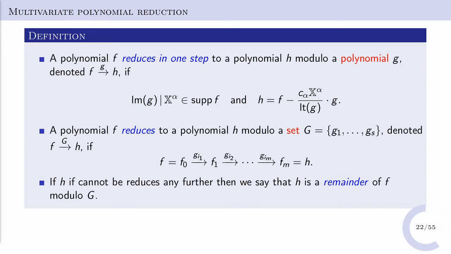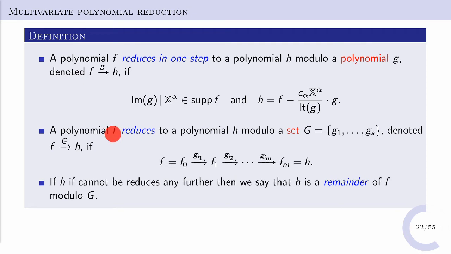And so when we divide, we have f minus, now we reduce this term here. So we have this term of f over this leading term of g times g. So this guy will cancel, and we arrive at the polynomial h. So this is called reduction in one step.